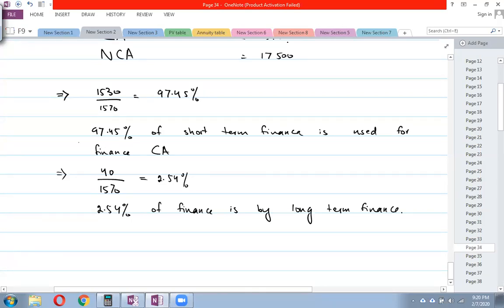So 97.45% of short-term finance is used to finance current asset, and 2.5% of finance is financed by long-term finance.